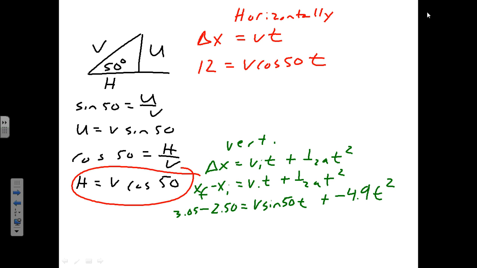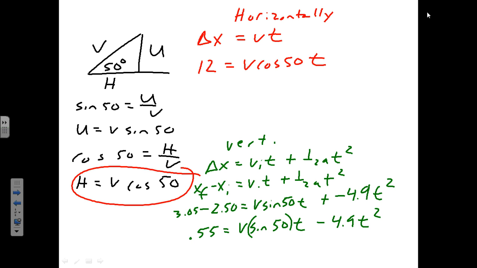Let's take the 3.05 minus 2.50, 0.55. So we've got 0.55 equals v sine 50 t minus 4.9 t squared. Now this might be a little easier to work with. Well, actually, we can leave it this way.